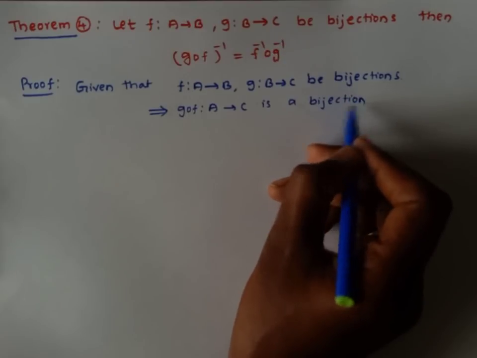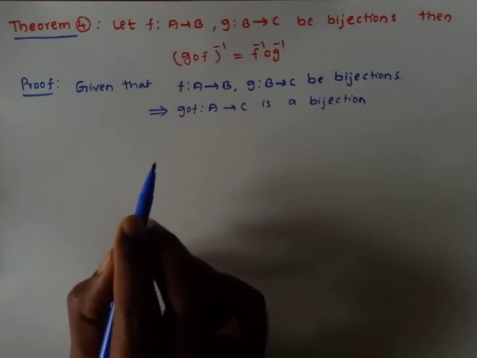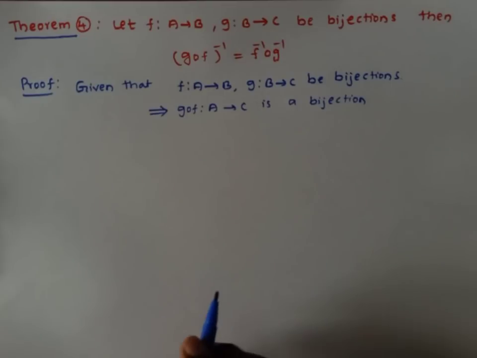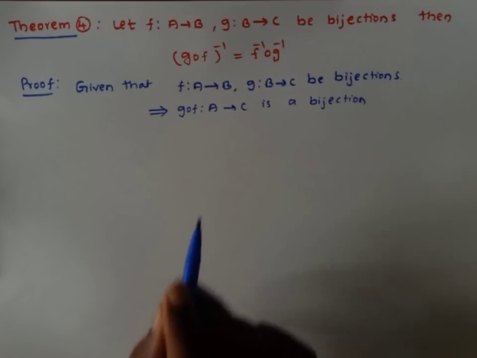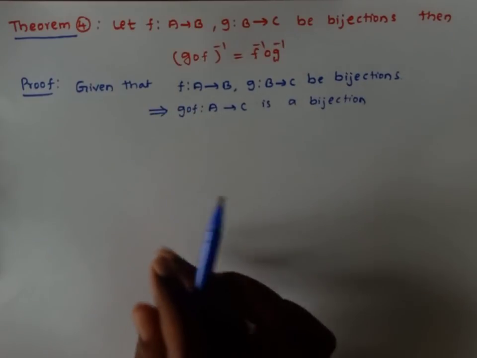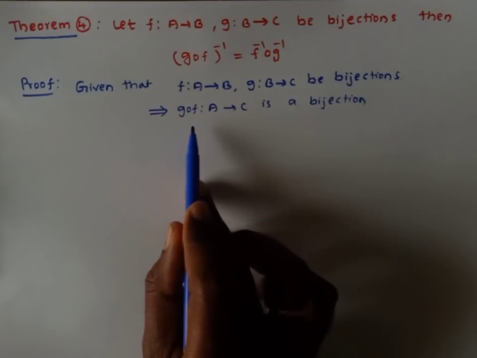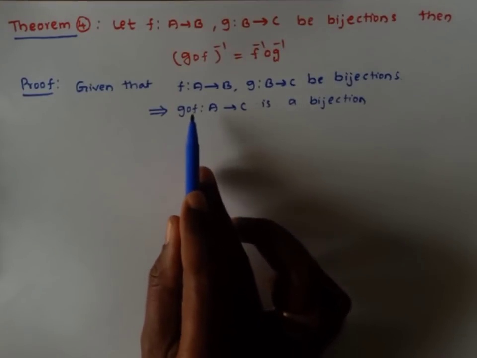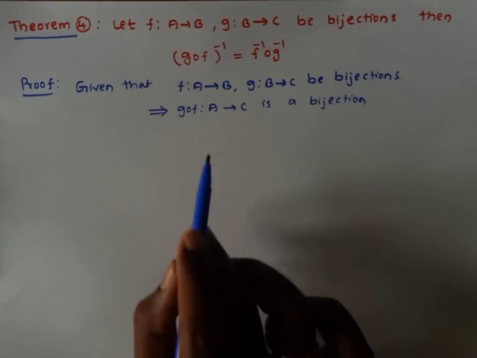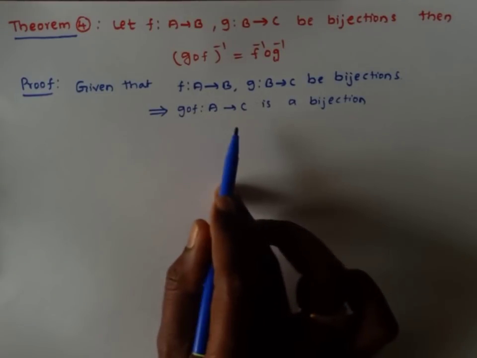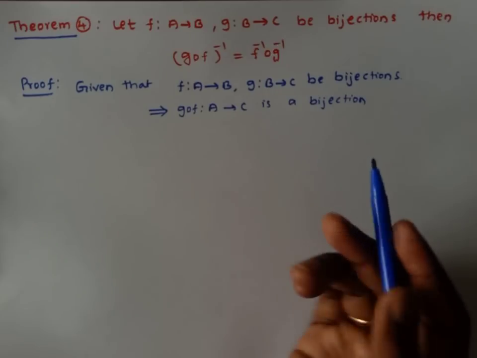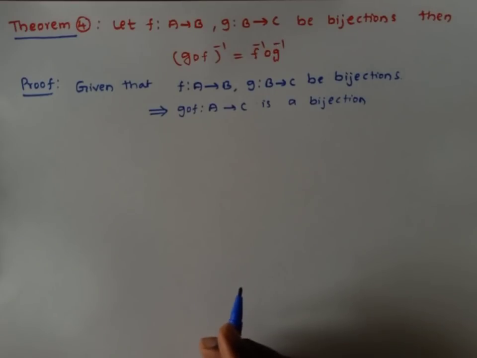By using this statement, we can write: if F is a bijection, then F inverse is also a bijection, right? G is a bijection, then G inverse is also a bijection. So consider G circle F, a function from A to C. Treat G circle F as some H from A to C, which is a bijection. That means H inverse is also a bijection.